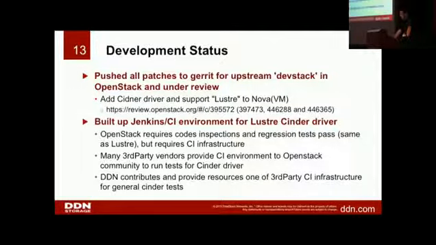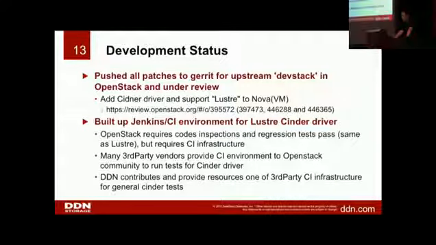We set up the CI infrastructure OpenStack environment for the Lustre Cinder driver. It's available today. You can see the DDN CI infrastructure name on the OpenStack Git. It's not just for us, you can push Lustre Cinder driver patches to the OpenStack community today.